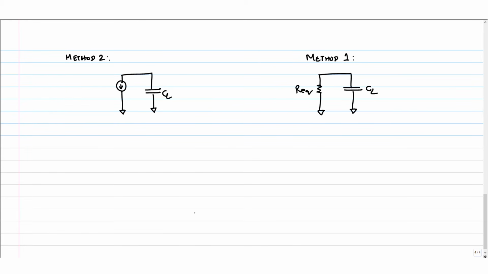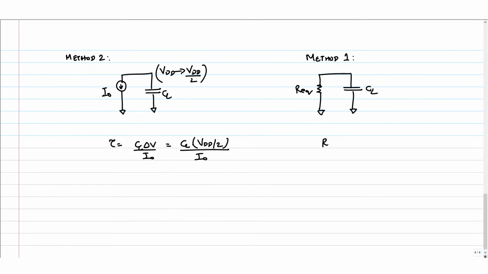Now what is the time it is going to take? This current is I naught, by the way. If lambda equal to 0, this current is just I naught. What's the time it's going to take to discharge from VDD to VDD by 2? If it's a constant current source discharge, C delta V by I, right? So the time is C delta V by I naught, CL into VDD by 2 divided by I naught.